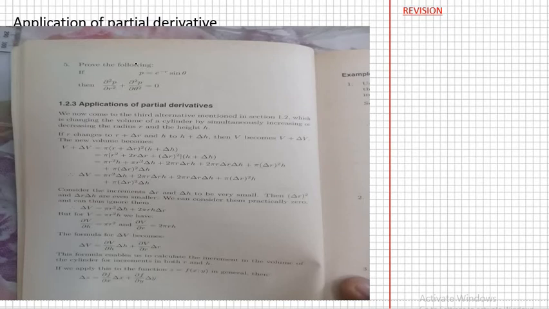So now let's go over some applications of partial derivatives. The first application is that they are actually used to determine the volume change of a certain shape if the sides are subjected to a certain change.